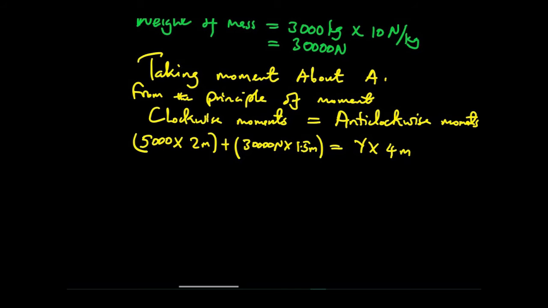So once you multiply here and here, and then you add, you get 55,000 Newton meter, this will be equal to y times 4 meter.